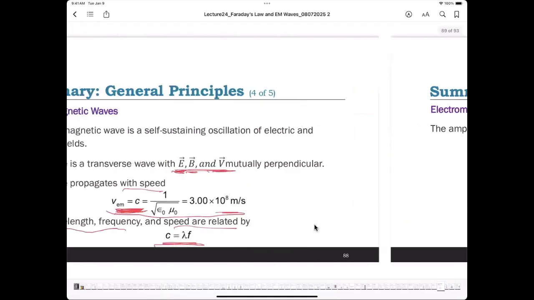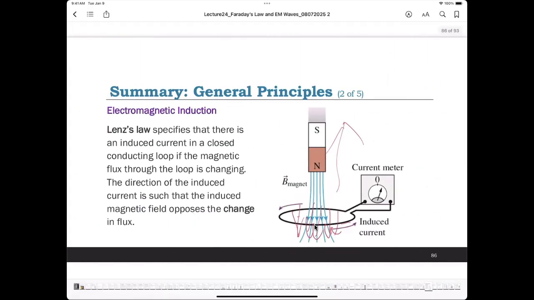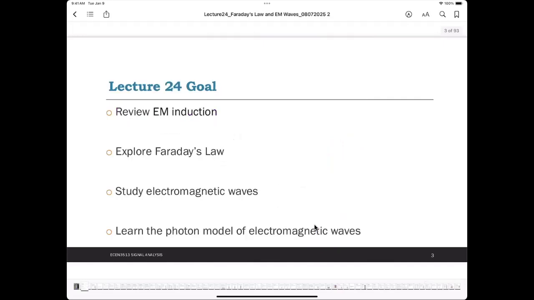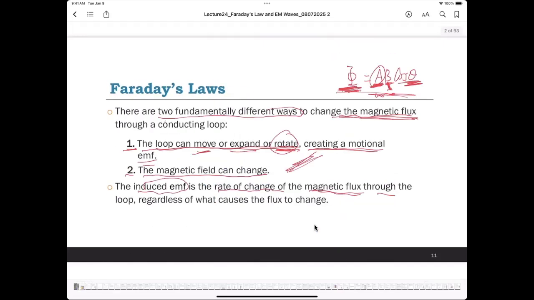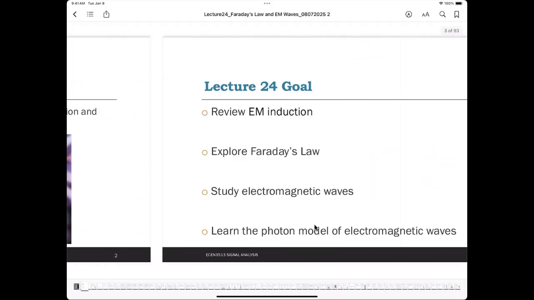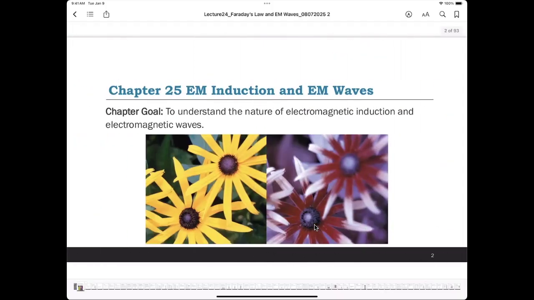Okay, this is what we talk about in today's class. For chapter 25, we mainly focus on EM induction and EM waves.